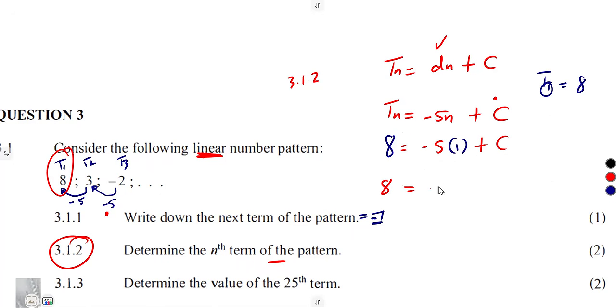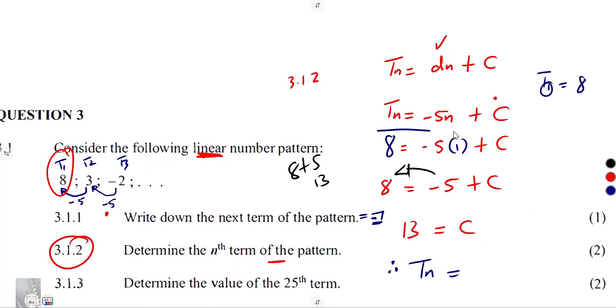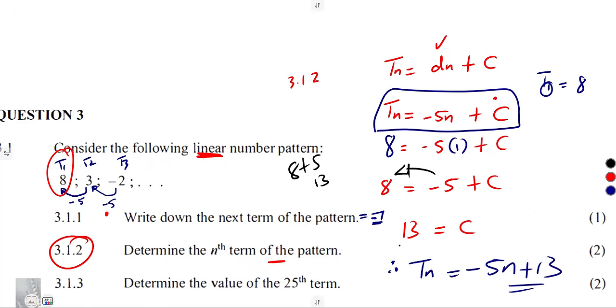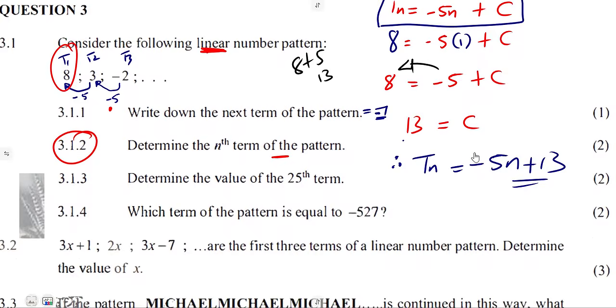So 8 is equal to negative 5 plus c. Take the negative 5 to the other side. It was going to be 8 plus 5, which is 13. So 13 is equal to c. Therefore, our Tn is equal to negative 5n plus 13. So that was our Tn there.